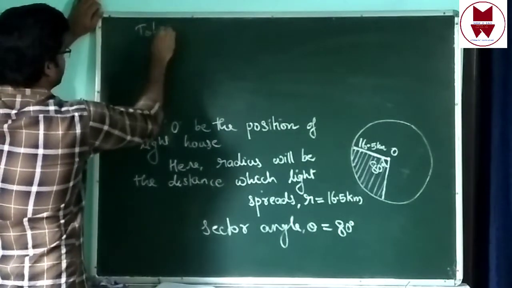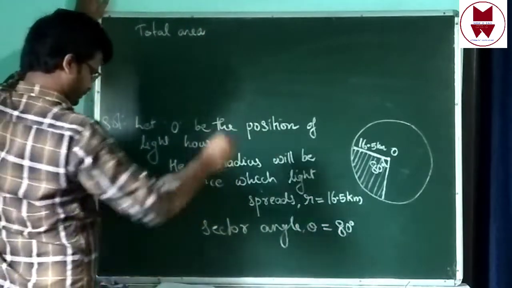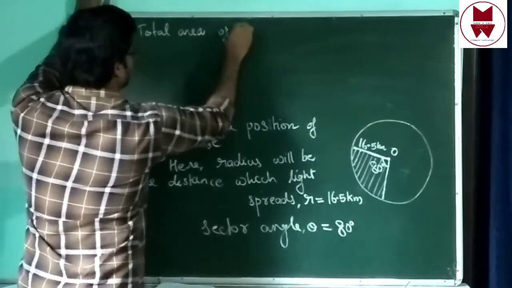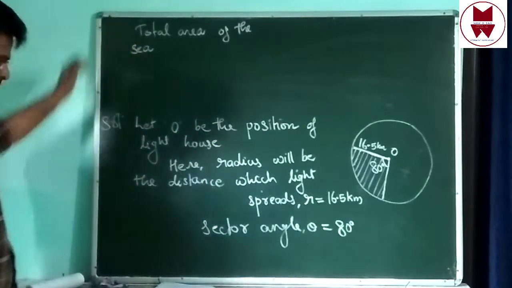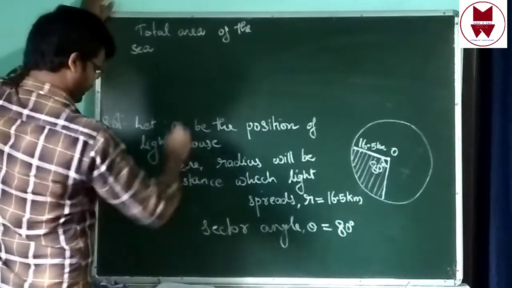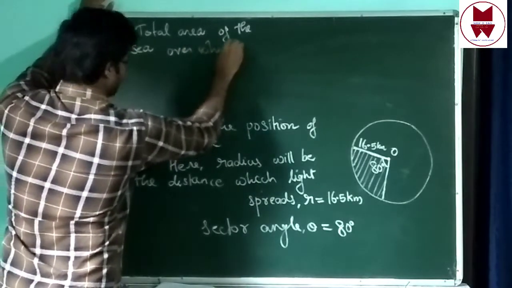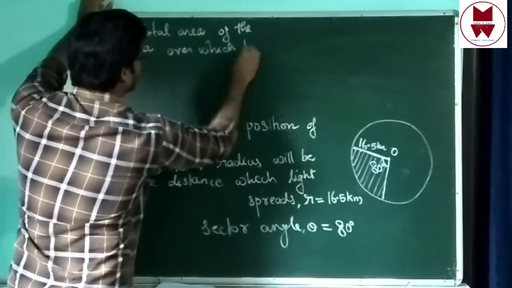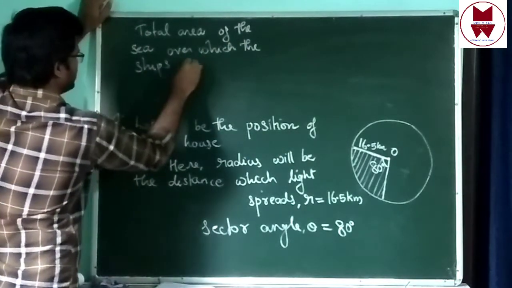Total area of the sea over which the ships are warned.